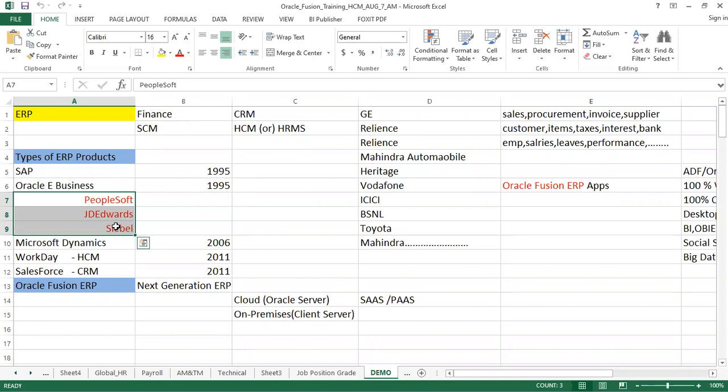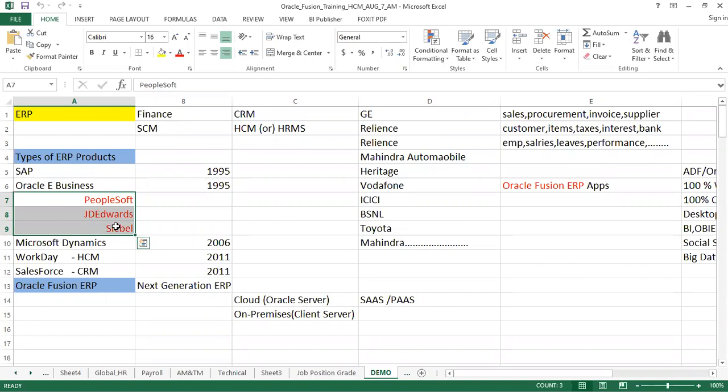There are some clients who are already using these three softwares, and Oracle provides the support for them as per the agreement. But if any new client comes into the market and says that I want to use PeopleSoft ERP software for my business, then Oracle is not interested to sell that product to the client.